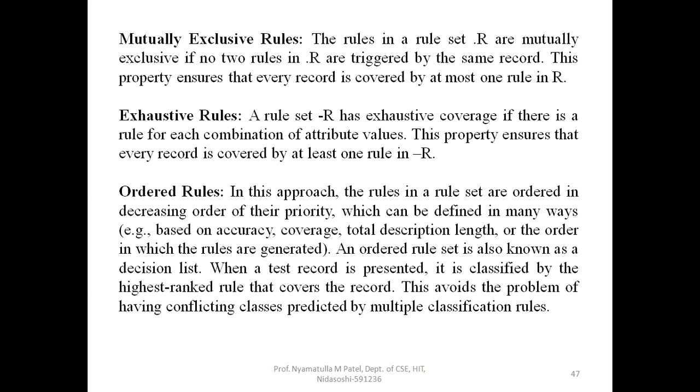Now coming to another topic, different types of rules. Mutually exclusive rules: the rules in a rule set R are mutually exclusive if no two rules in R are triggered by the same record. If one record is triggering two rules at a time, then the rule set R is not mutually exclusive.